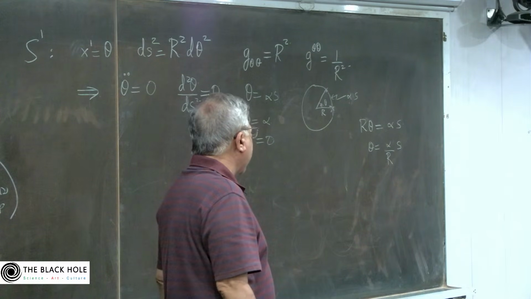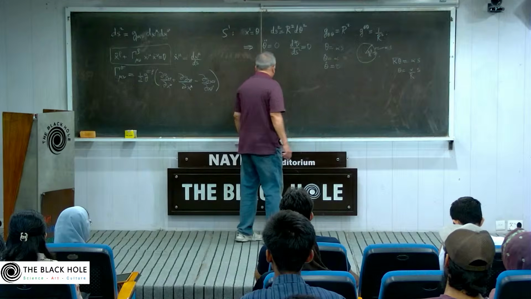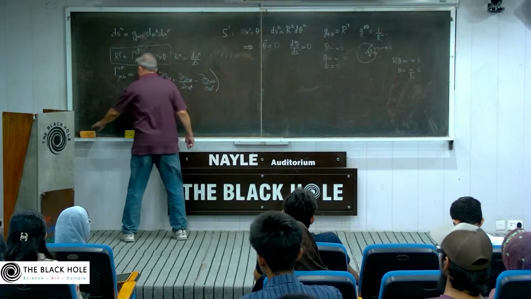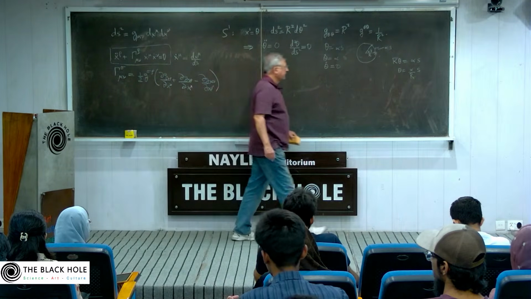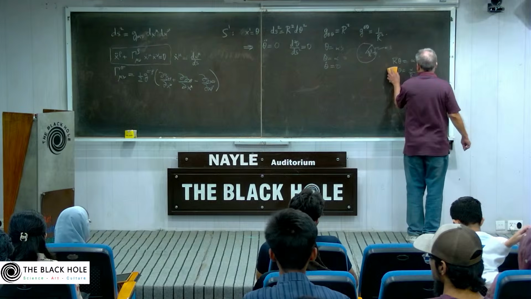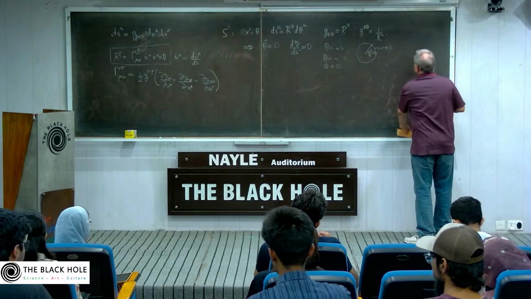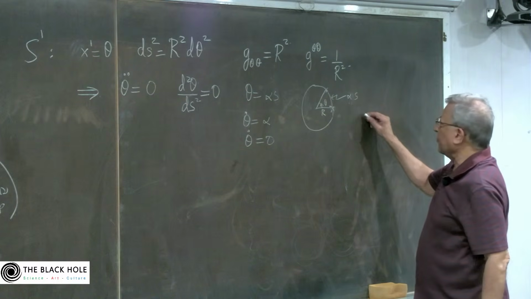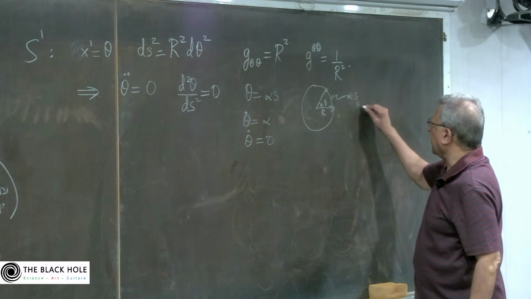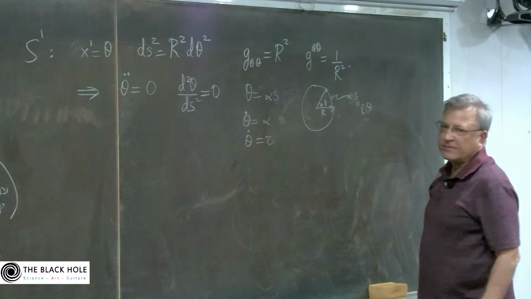Well, if you want S to be the arc length, then S is equal to R theta.